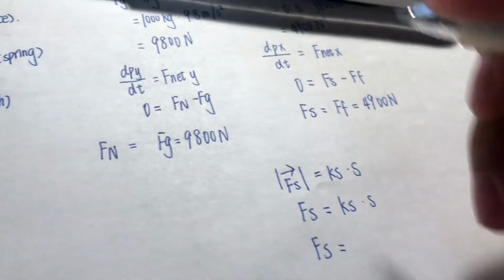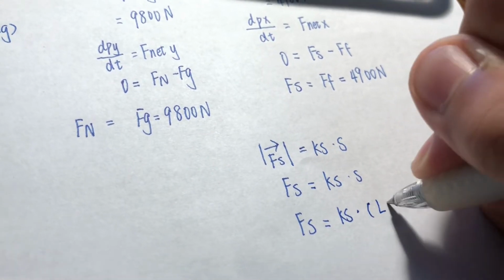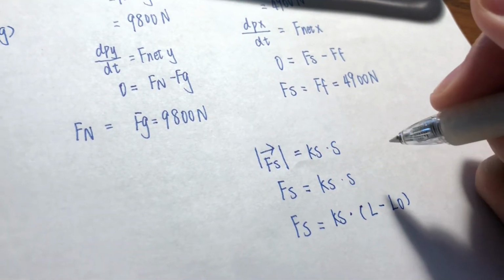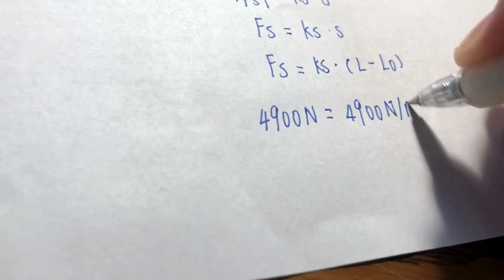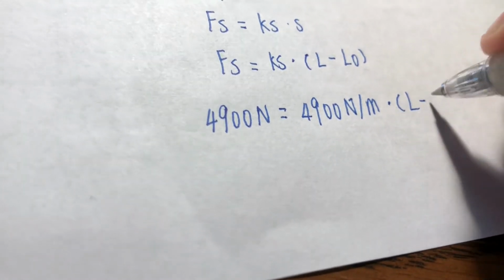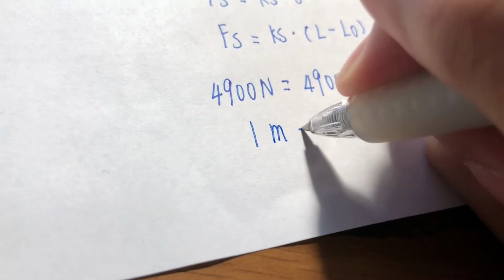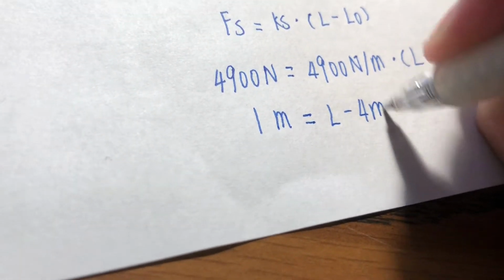Fs equals ks, and s we express as L minus L0, which is the relaxed length, and we plug in the numbers: 4900 newtons equals 4900 newtons per meter, because this is the number we got from the question, times L minus 4 meters, and we get 1 meter equals L minus 4 meters.